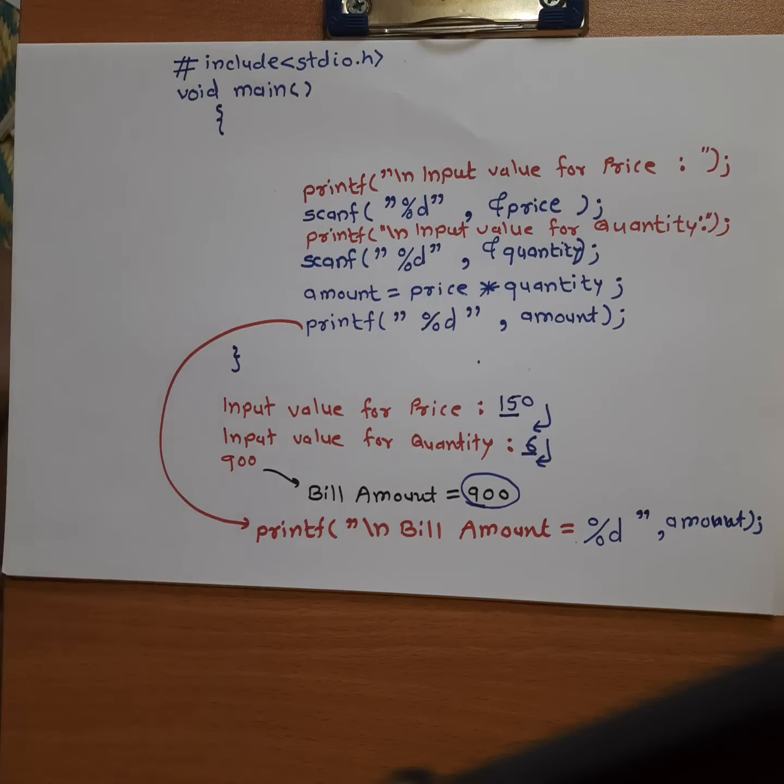But if we write the program like this and try to execute it, the compiler will generate errors saying undefined symbol price, undefined symbol quantity, and undefined symbol amount. Because price, quantity and amount are considered variables, since their values are not fixed. The variables which we are using in our program, we have to declare compulsorily.